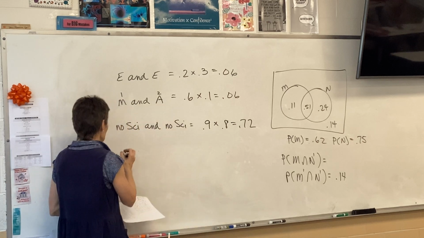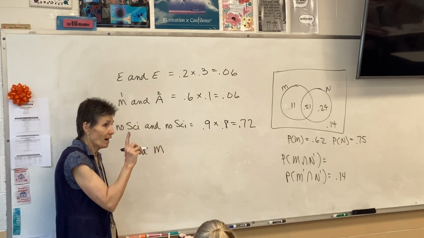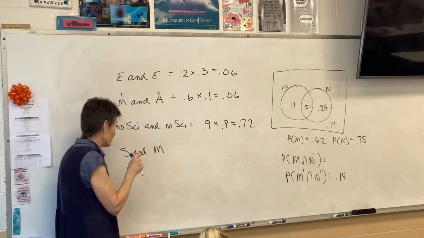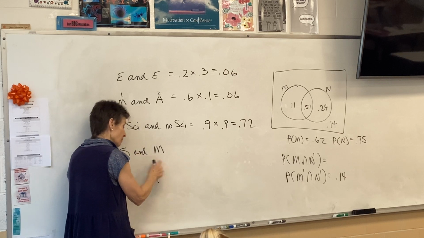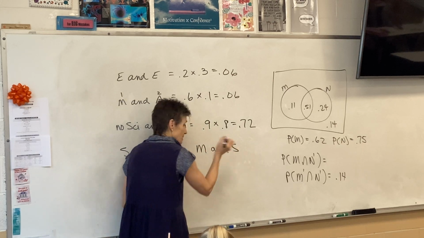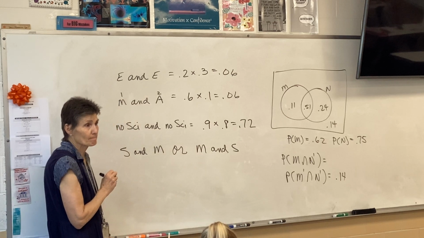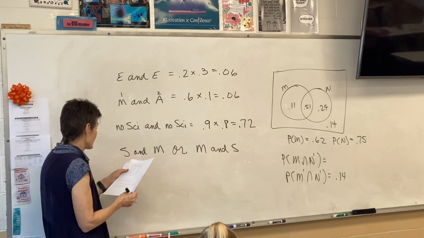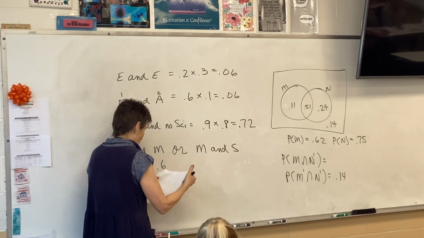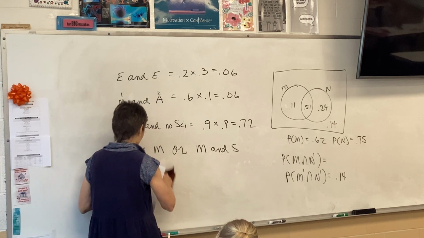And then finally, we need science and math. But not necessarily in that order. So it could be science and math, or it could be math and science. Everybody see that? So here we go. Science and math, or, wait, no, that's not right.